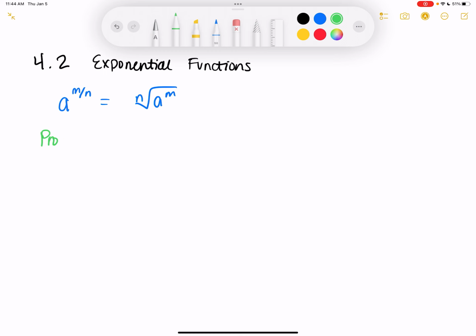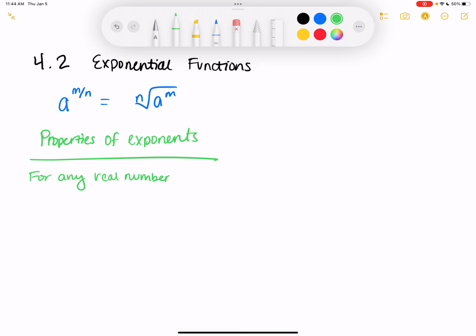Some properties of exponents. For any real number a greater than 0 and a not equal to 1, the following statements hold true.